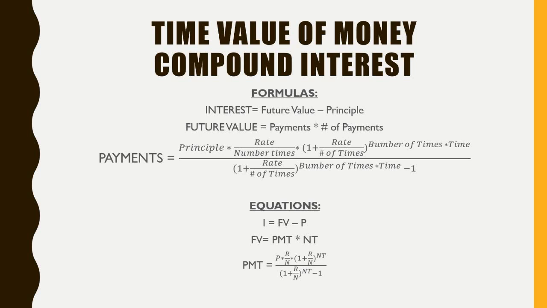So be careful: don't think that the faster you pay your loan, the less interest you are going to accrue. That's not true. They already calculated the interest ahead of time, added it to your principal, and then they're dividing it by the number of payments that you're making.